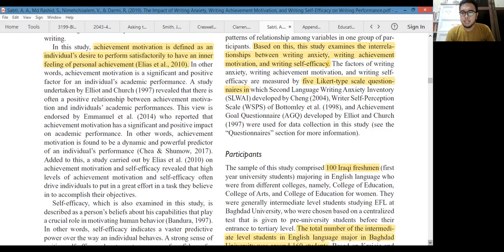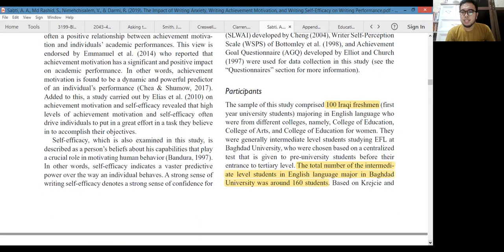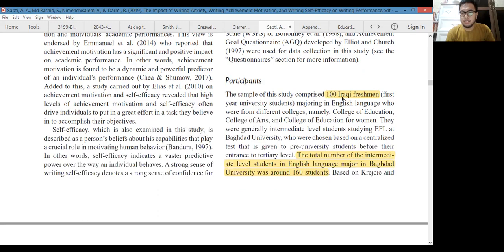For the participants, they take 100 Iraqi freshman students from a total of 160 students.